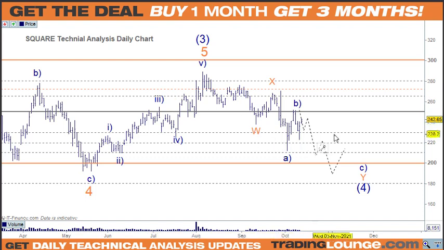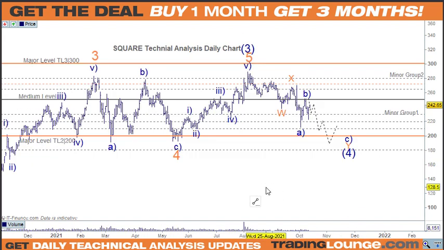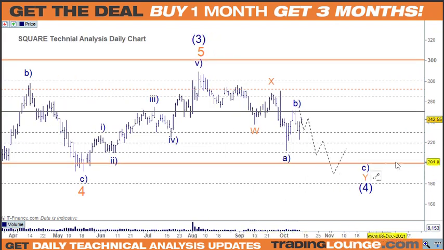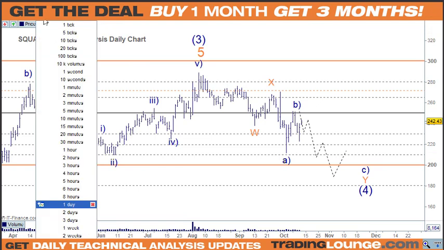And once again, can we put that wave 4 here? Yeah, probably can, but it would just make this a little bit small compared to this wave 4, because I want this wave 4 to be bigger, or at least the same size. So yeah, I wouldn't be long unless I had nice support on top of the 250 here at this stage, so I'll stay with the short side on this.